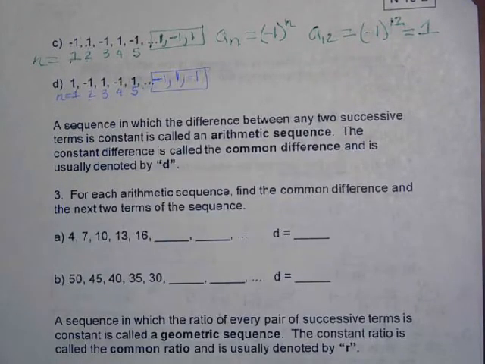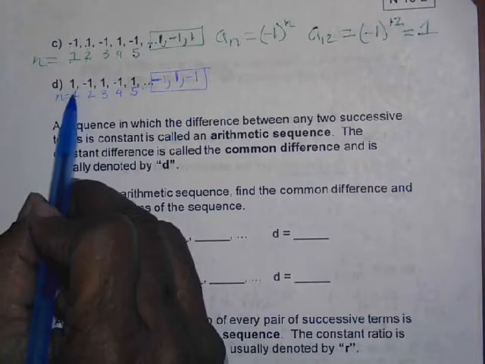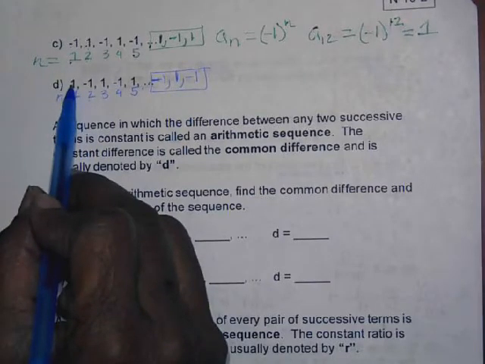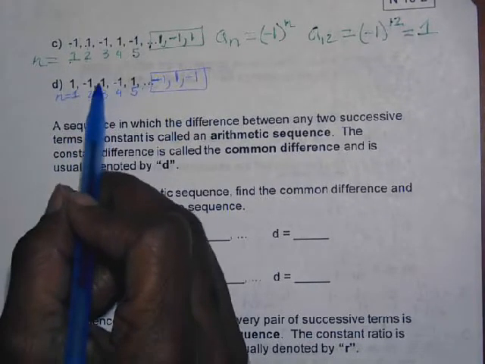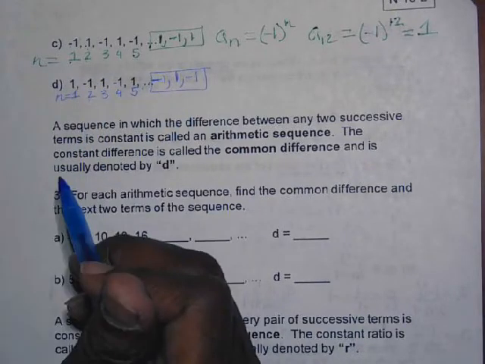I need to try to figure out what these terms are. Let me try something different. Let's see. -1 squared is a +1, right? -1 to the third power is a -1. -1 to the fourth power is a +1.